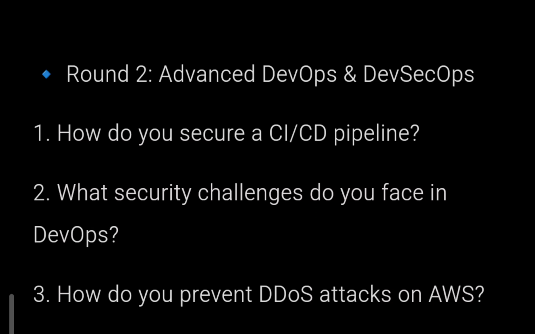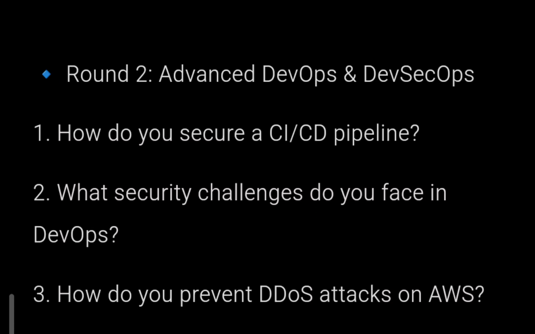For example, as I said, SonarQube, Snyk is another tool, open source Trivy is also there, and OWASP tools also. I divided the CI/CD into stages: first develop, build, after that test, release, and deploy.